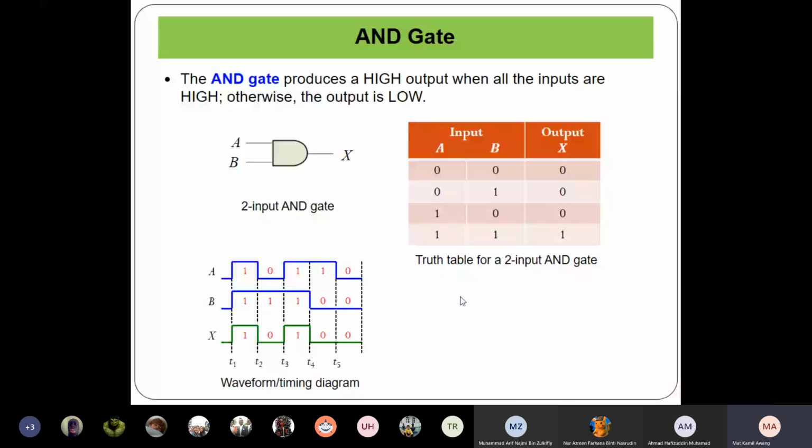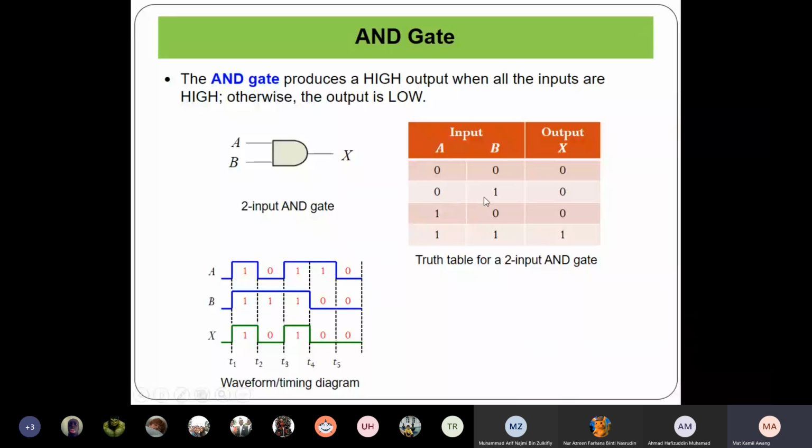So for an AND gate, you AND two or more inputs. This one is a two-input example, A and B, and the output is X. So what is X when you have A and B? It depends on what the inputs are. If both are 0, A is 0 and B is 0, the output is 0.